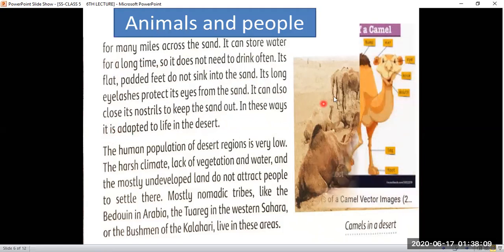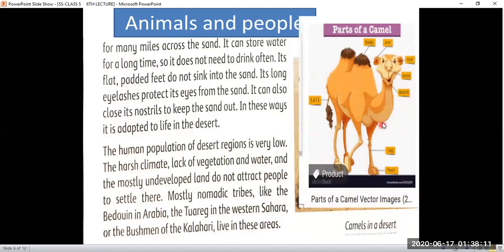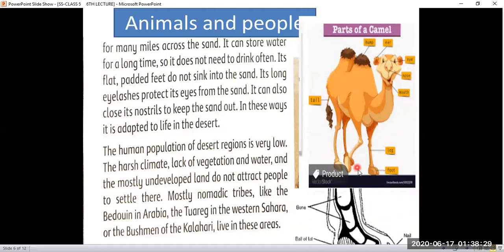So this is the camel picture. These are the humps, which store water for a longer time, so it does not need to drink often. Look here.